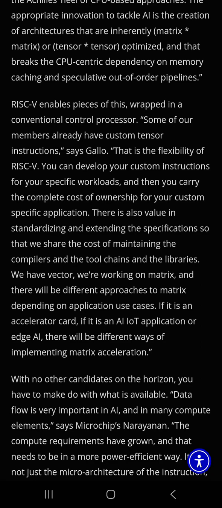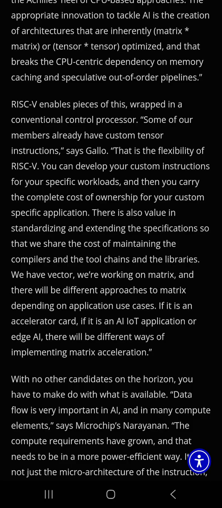RISC-V enables a piece of this, wrapped in a conventional control processor, and some of our members already have a custom tensor instruction set," said Gallo. "That is the flexibility of RISC-V. You can develop your custom instruction for your specific workloads, and you can carry the complete cost of ownership for your custom specification application.